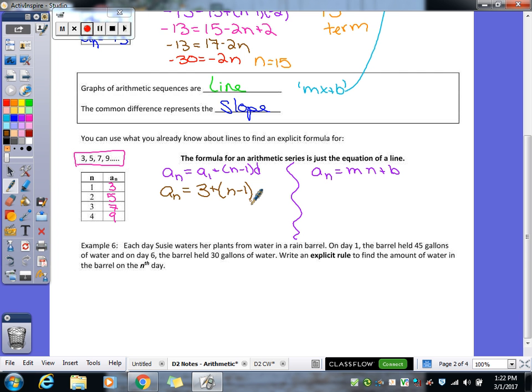But our common difference, what am I adding each time? 2. So then we would just have to clean it up by distributing our 2. That would give us 2n minus 2. So we would get a sub n equals 2n plus 1.